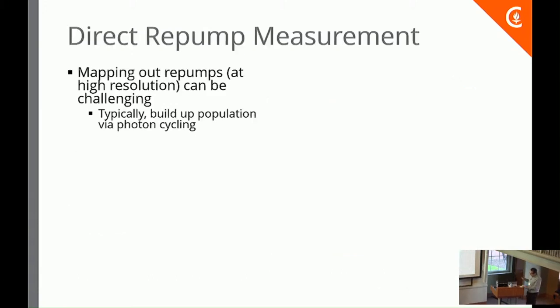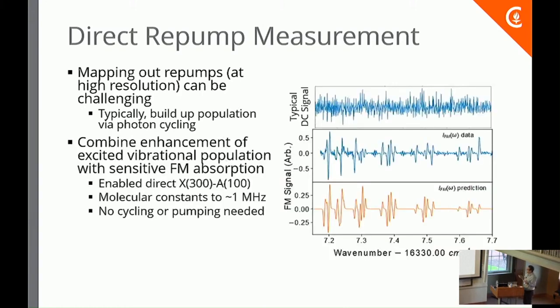We also worked on some tools to map out repumping transitions at high resolution. That can be challenging because typically the way you do that is you add your first laser, let the population build up in some excited state, then put in another laser, and just keep doing that. But that needs a lot of lasers.